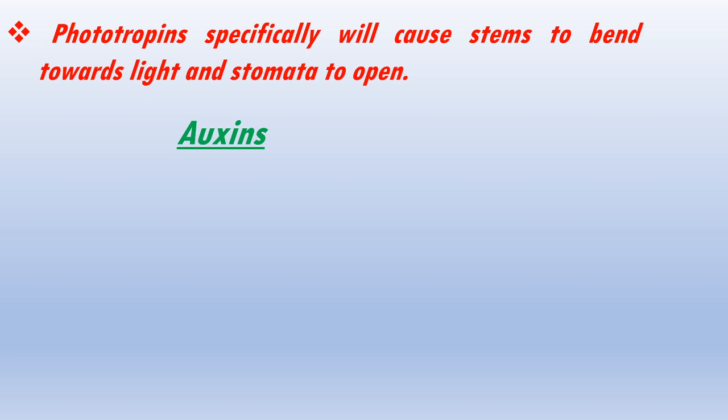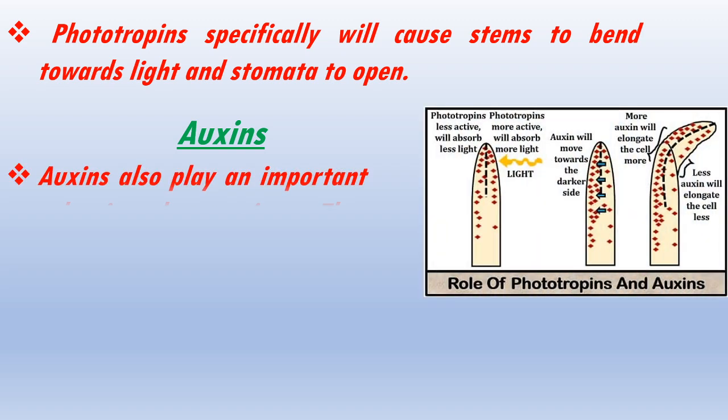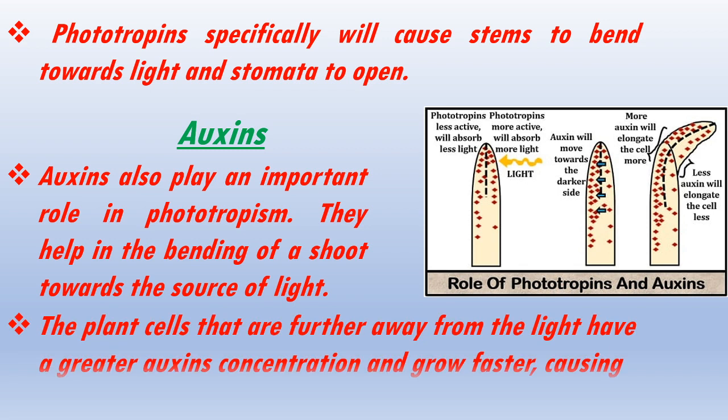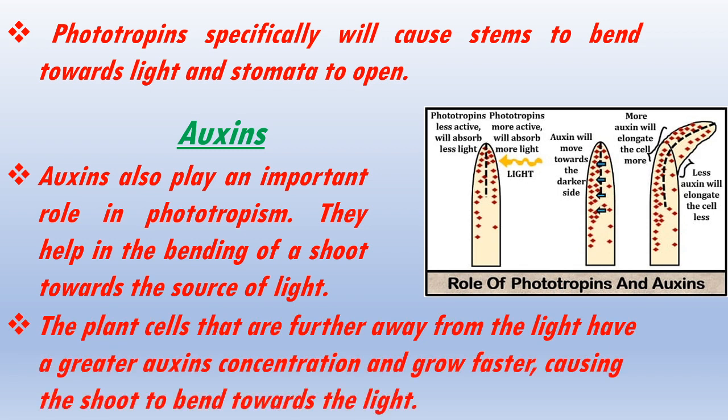Next is auxins. Auxins also play an important role in phototropism. They help in the bending of a shoot towards the source of light. The plant cells that are further away from the light have a greater auxin concentration and grow faster, causing the shoot to bend towards the light.